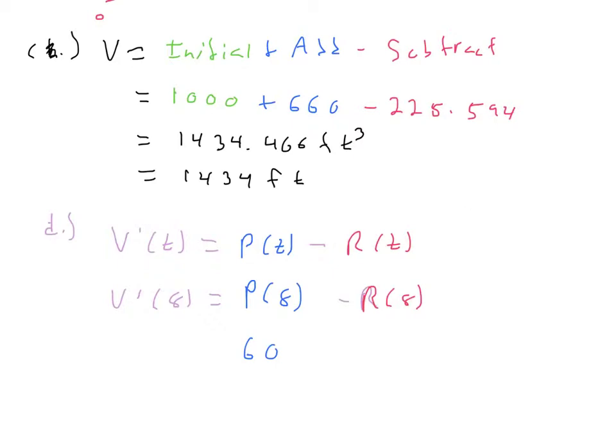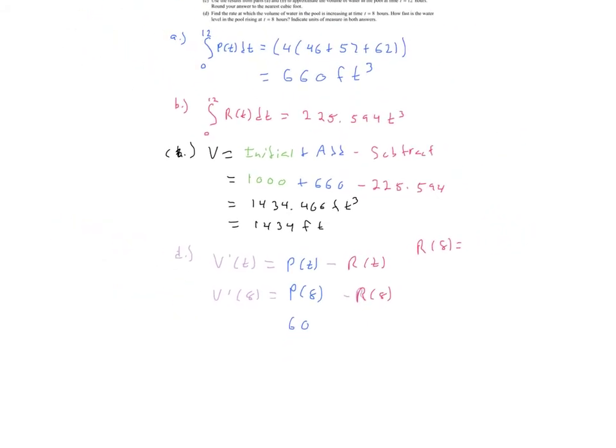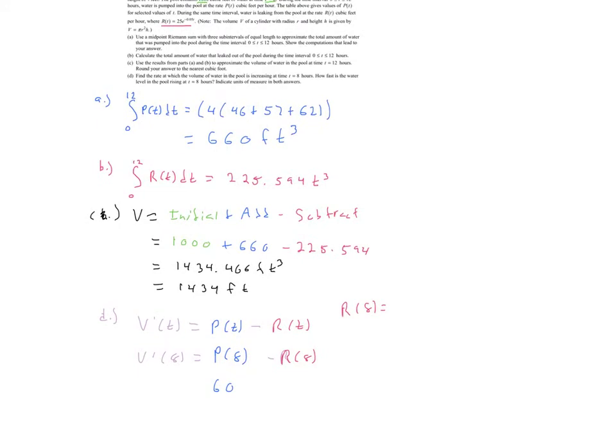Well, to find R of 8, we plug in 8 for t into that function. R is defined to be 25 times e to the negative 0.05 times 8. And this is equal to 16.758.